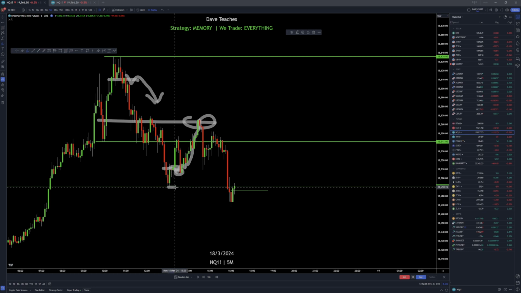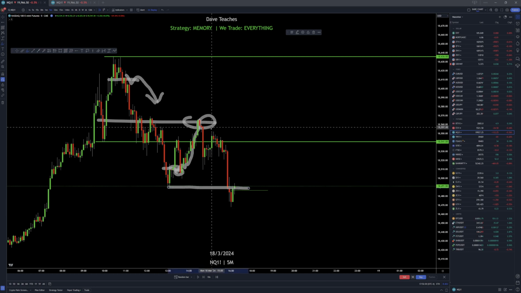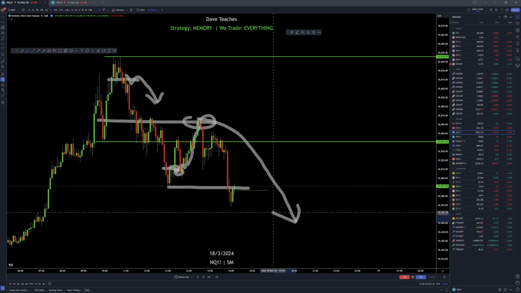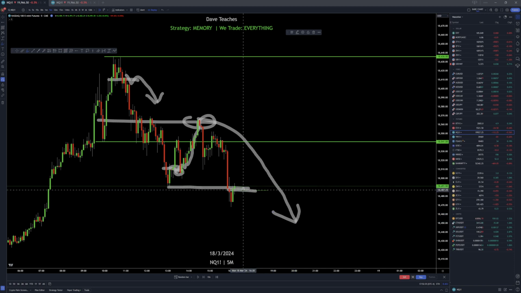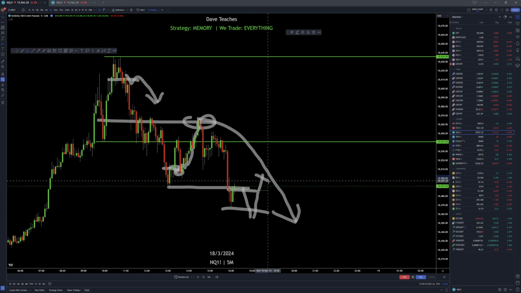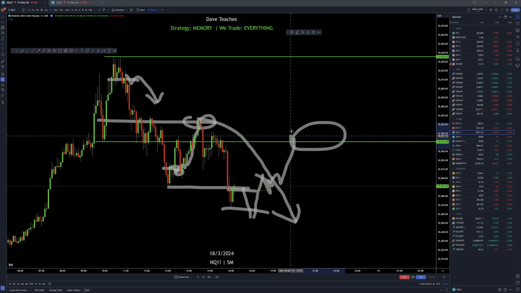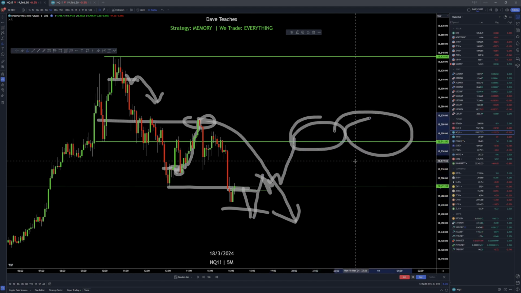So even in the afternoon, when we trade away from that candle closure, essentially, even if it leads to another low and then back up again, it could lead to the same thing.